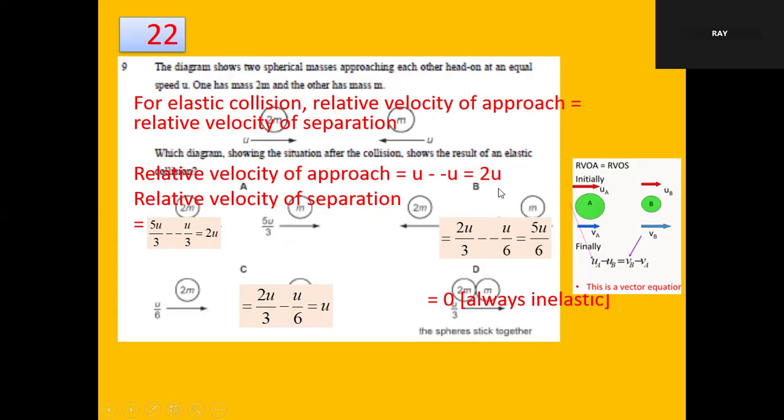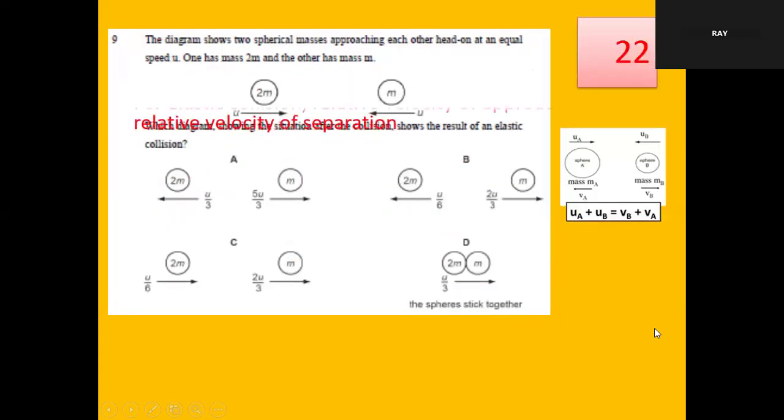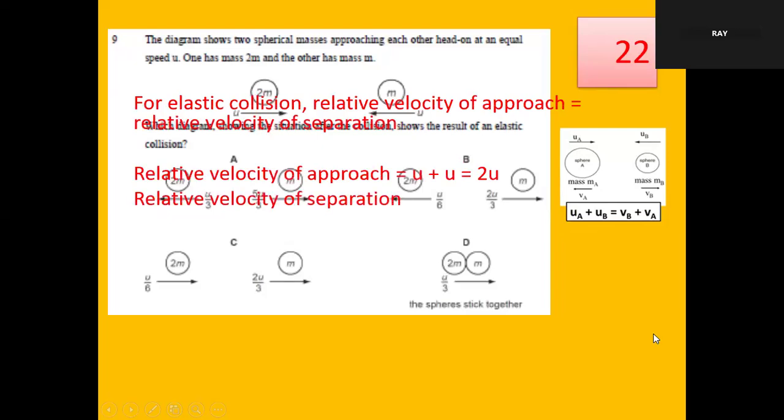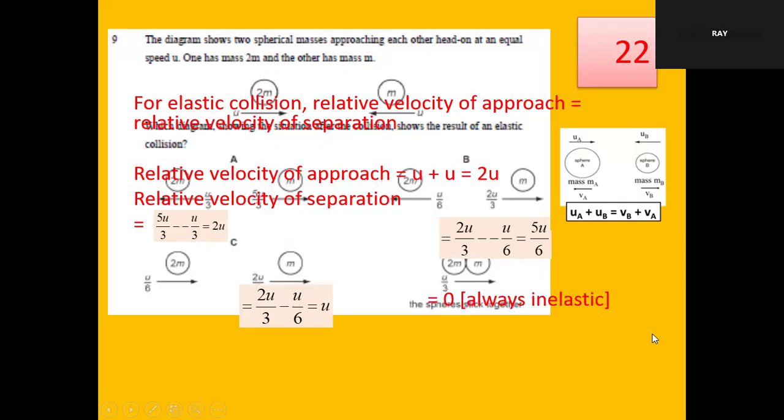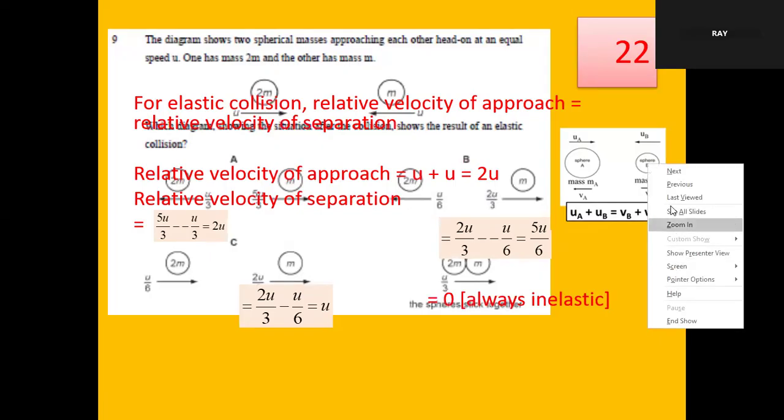You must use relative velocity of approach or relative velocity of separation. In this question, you are using this formula. Depends on which one you memorize. Or you use the other one, then it's the same thing. Okay.